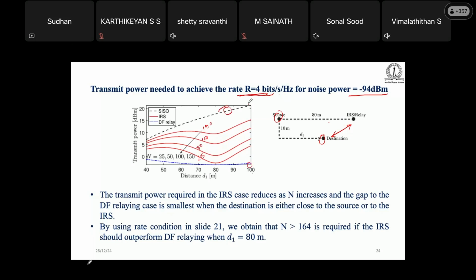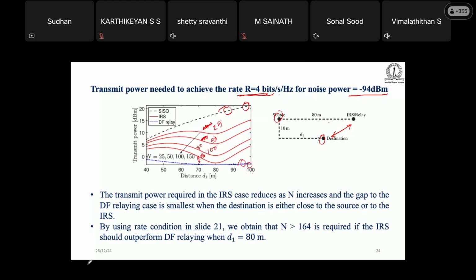You need to transmit this much power. For the DF relay we need less power, but for the IRS, oh no, sorry, this is a reverse order. This is 25, this is 50, sorry, this is 100, and this is 150.